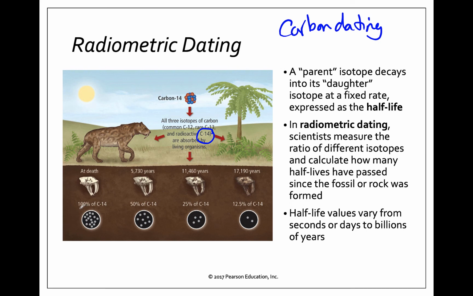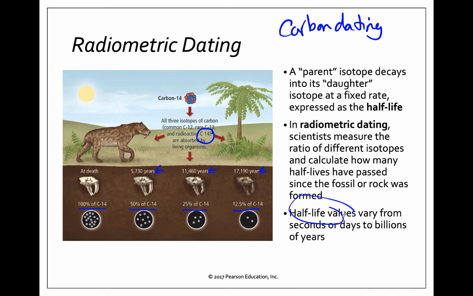And when it dies, 100% of its carbon-14 is still present. Over time, it gets degraded, and so we can actually look at what percentage of carbon-14 is left in relationship to carbon-13 and carbon-12, and we can calculate just about how old the fossil is using something called a half-life.